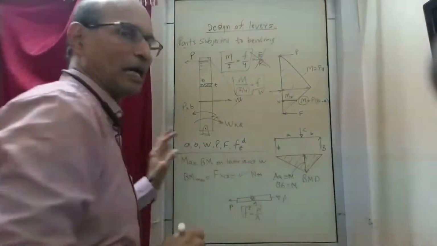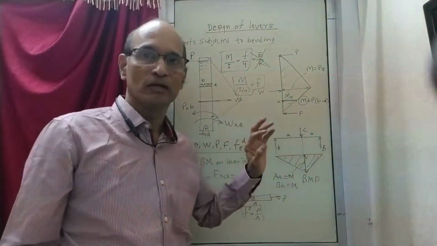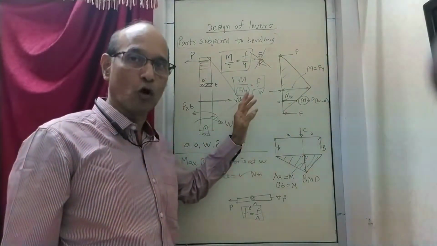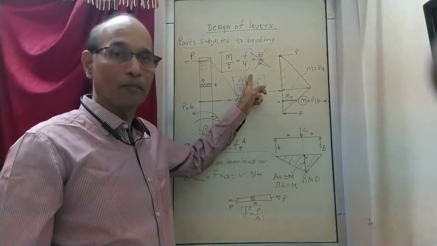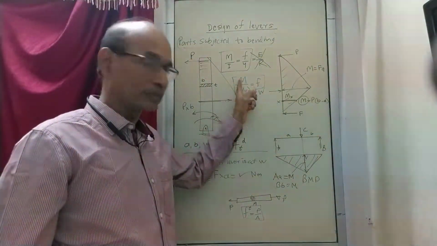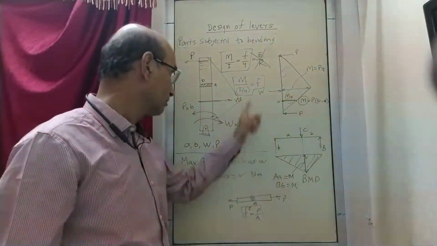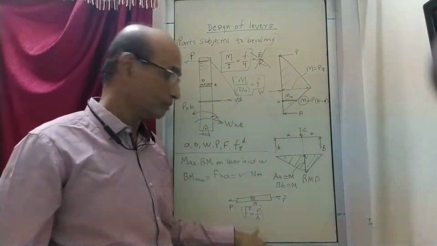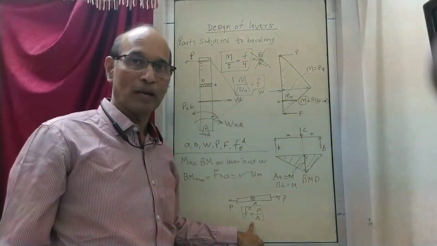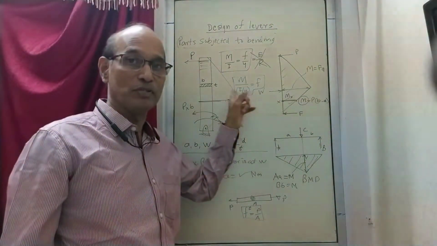So can you call this a design equation? You can call this a design equation because this is stress, a material property, this is M, the externally applied parameter, and then this is I upon Y, which is a geometrical parameter. This is going to contain the dimensions.